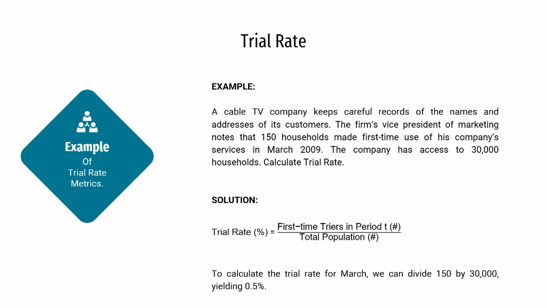A cable TV company keeps careful records of the names and addresses of its customers. The firm's vice president of marketing notes that 150 households made first time use of this company's service in March 2009. The company has access to 30,000 households. So, you need to calculate the trial rate. How can we calculate the trial rate?